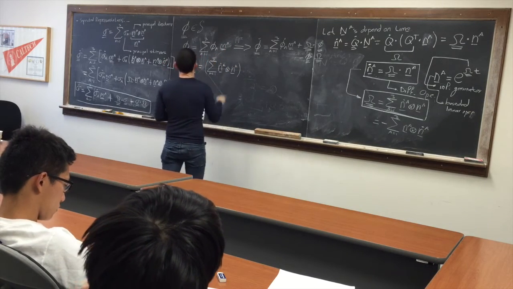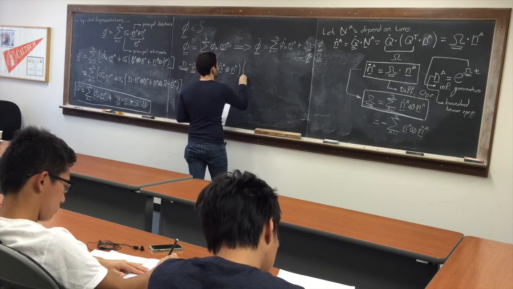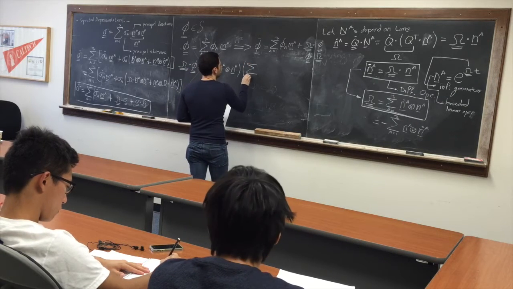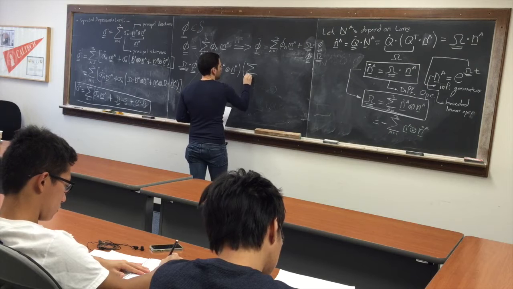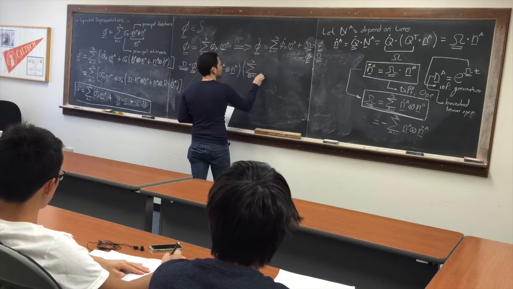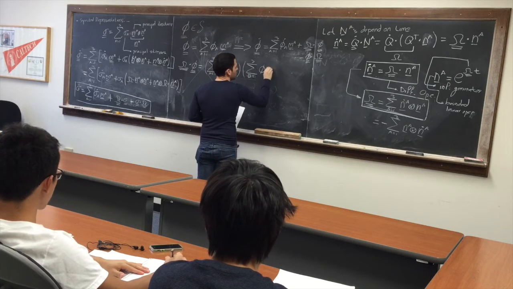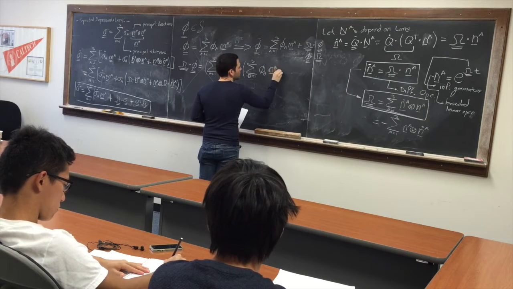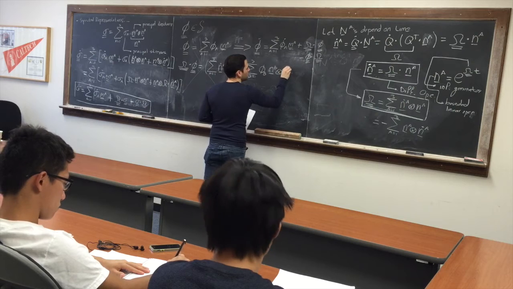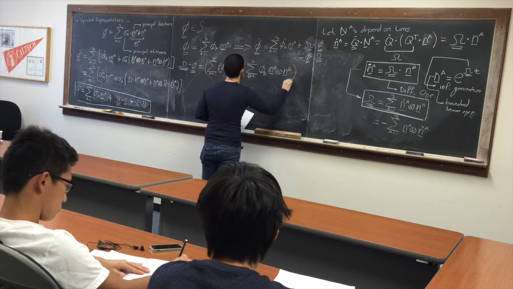And this guy is the sum over B equal to 1, 2, 3, sigma_B, m_B dot d/dt m_B. Right.